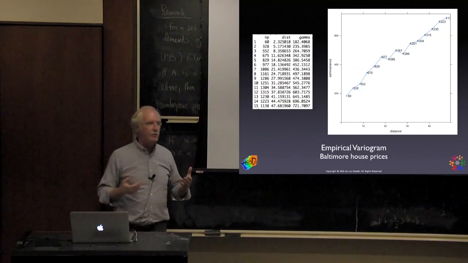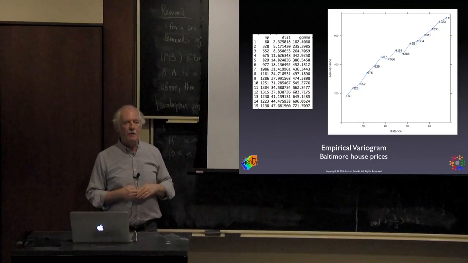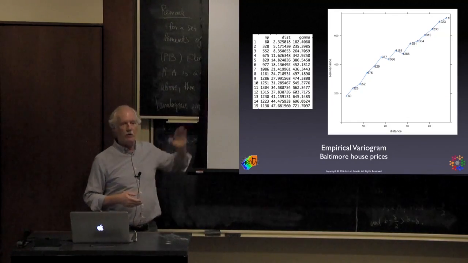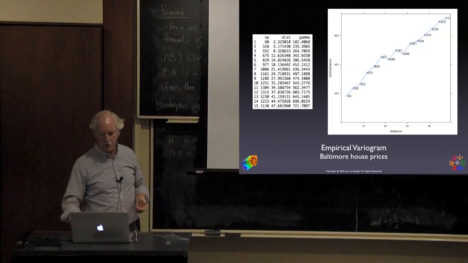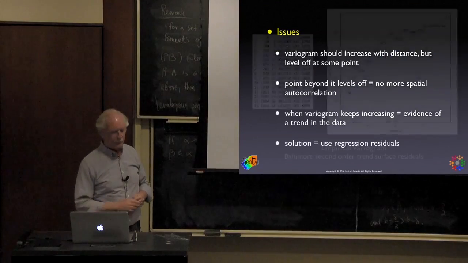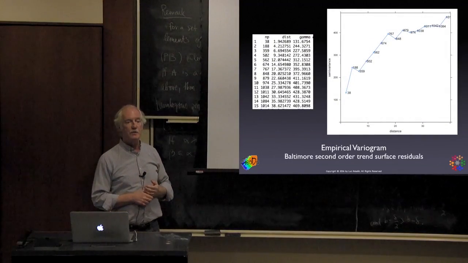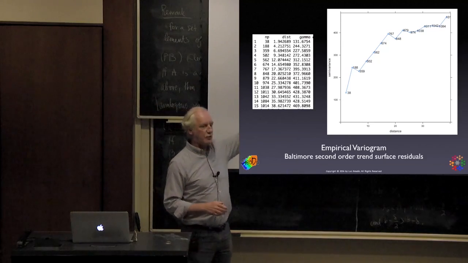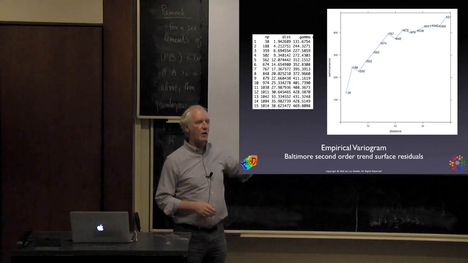So typically this is how you proceed. You start with the variable, usually you're out of luck and it just keeps going up. So then you fit a trend surface or something else to it, and you look at the residuals. And then hopefully at some point you end up with something that starts to flatten out at the larger distances.